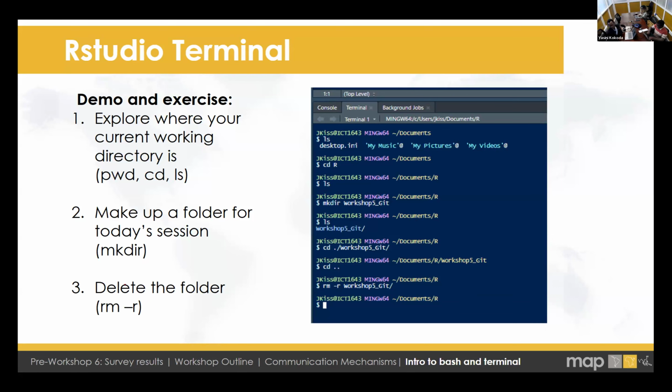She's asking if you can make and remove the directories from there. So yes, it is possible to do so. For Mac, we are using AWS as a cloud, and we tried these commands and they are working.